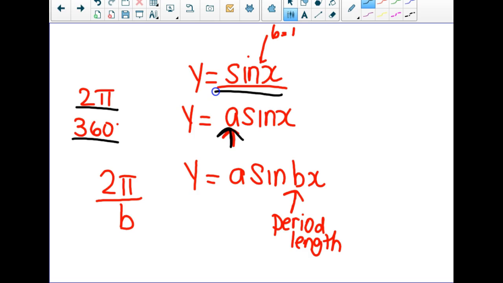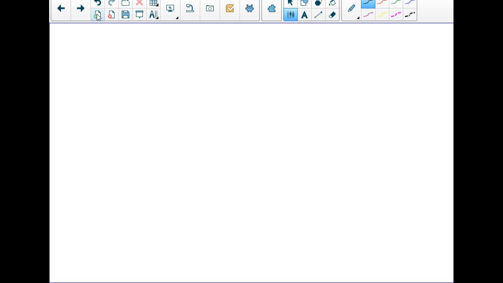Now we're getting into if there's actually a value after sine that represents the length of the period. And the equation that goes with that is 2 pi over b, meaning whatever the value of b is, you take 2 pi and divide by it, and that will be the length of the period or the cycle for this function.